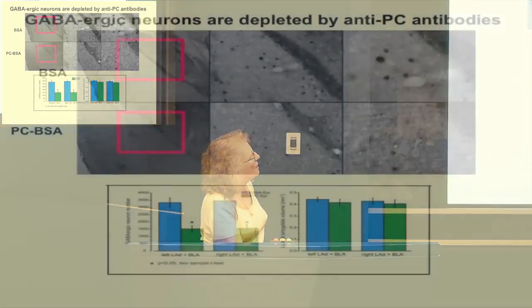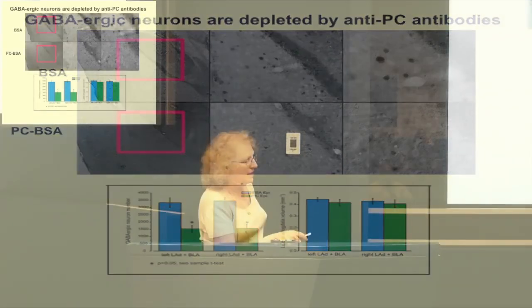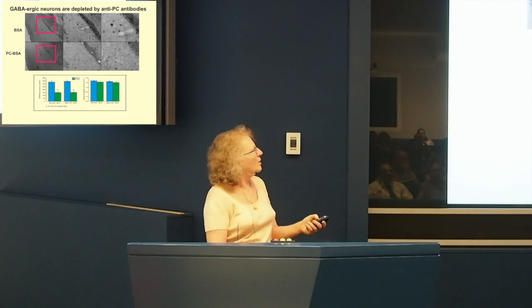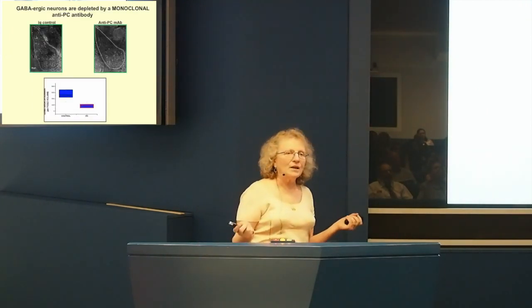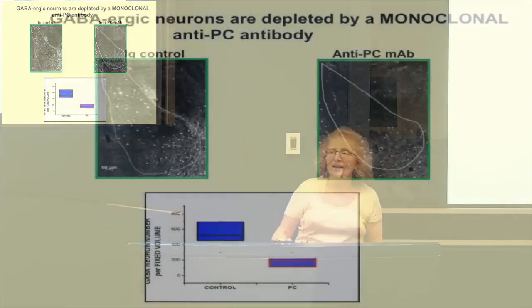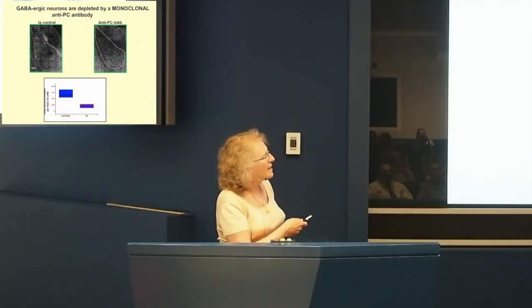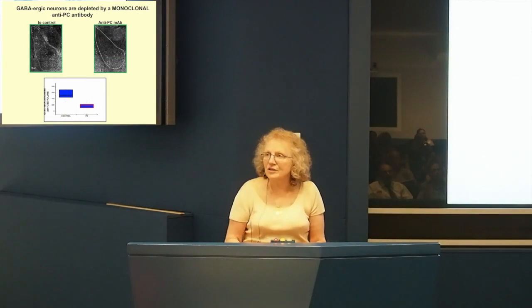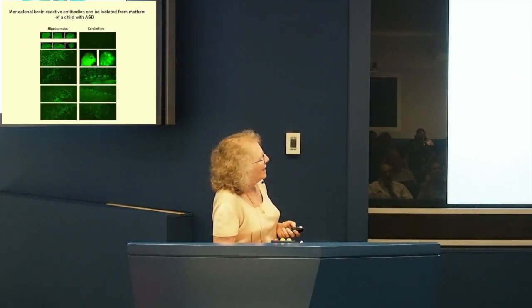And you can see when we stain for GABAergic neurons in the amygdala that there's a decrease in the number of GABAergic neurons. And if we just give a monoclonal anti-PC antibody, or an irrelevant monoclonal antibody to a mouse, and give epinephrine, we see the same loss of GABAergic neurons. So this is antibody mediated.